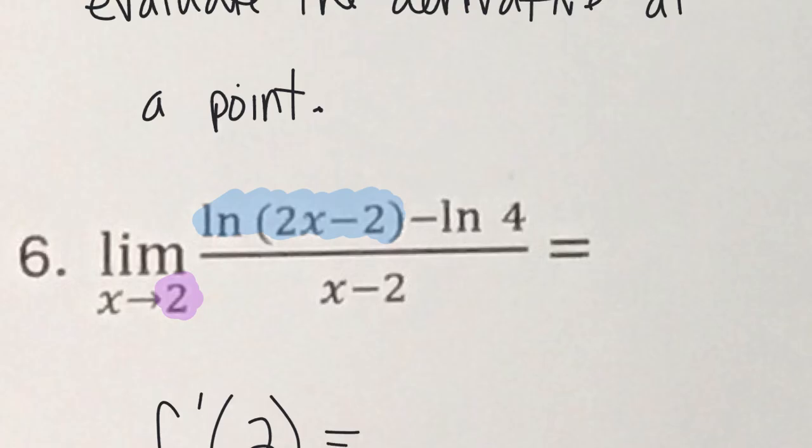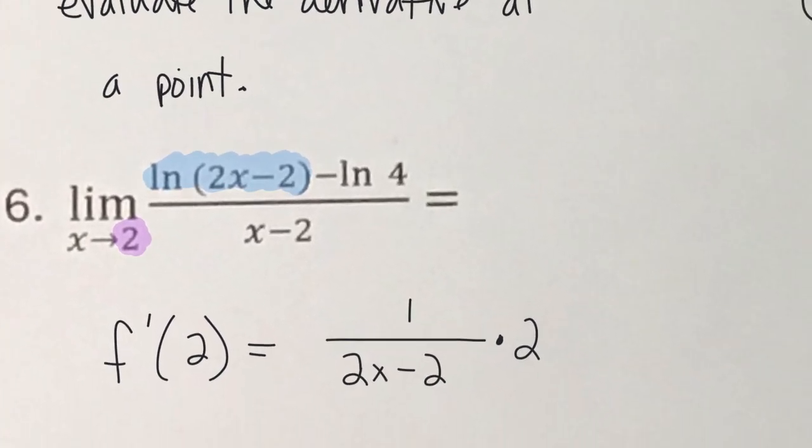Okay? So back to our natural log. The derivative of natural log is 1 over the argument, so 1 over 2x minus 2, times the derivative of 2x minus 2, which is 2.